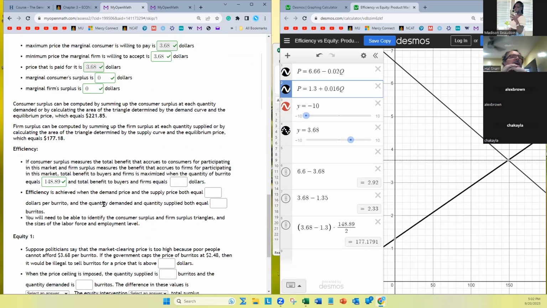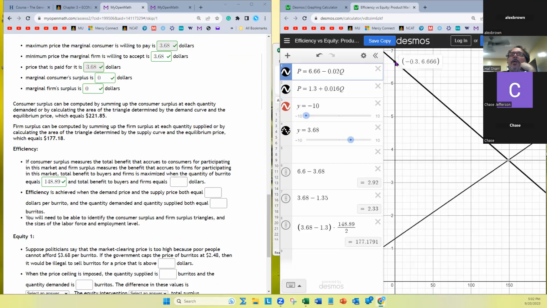And the total benefit to buyers and firms equals what? Well, you're summing this entire triangle from up here to down here to here, right? You're summing this big triangle. You're adding the consumer surplus to the firm surplus. Well, how do you do that? Well, I give you the numbers here, right?